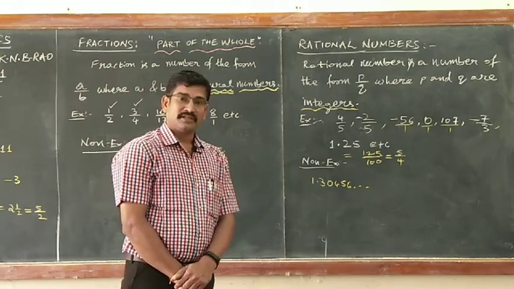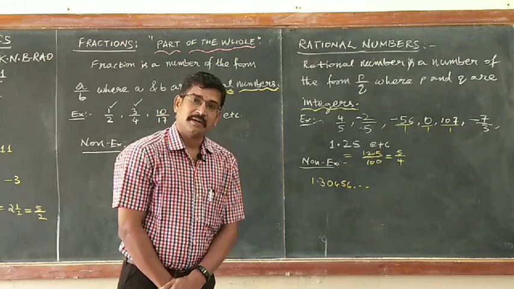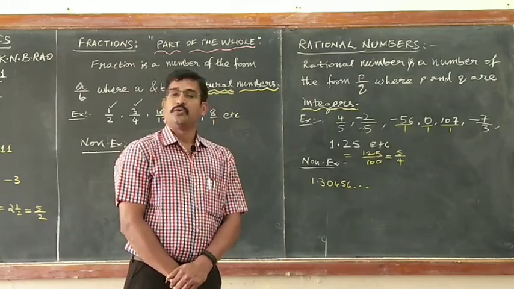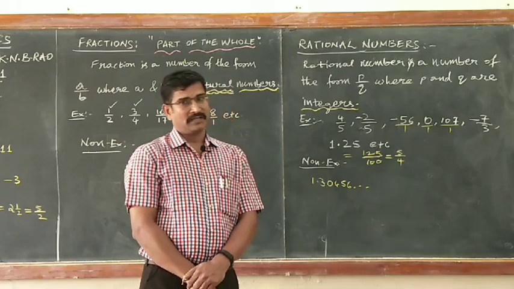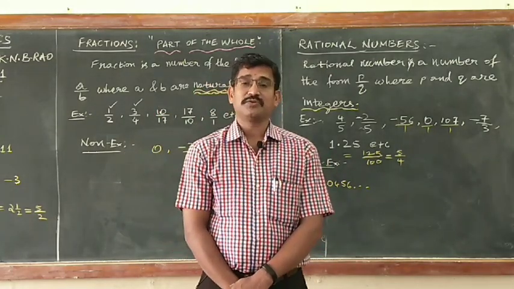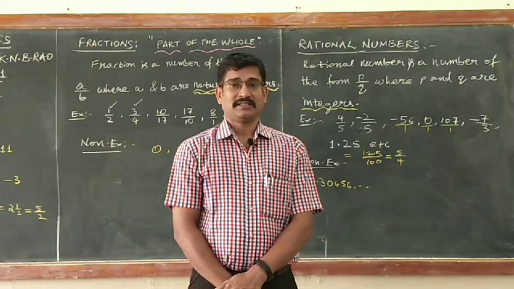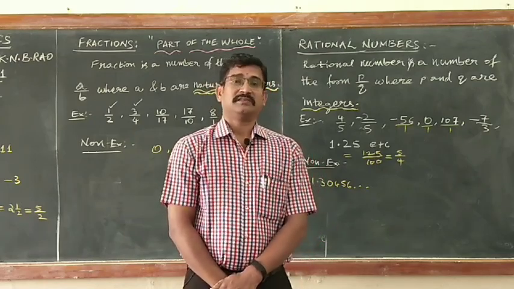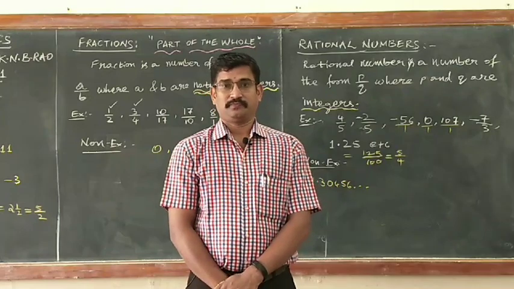So, with this comparison I will try to sum up this class. You learned the meaning of fractions today, you learned the need of rational numbers, later you learnt the comparison between fractions and rational numbers.